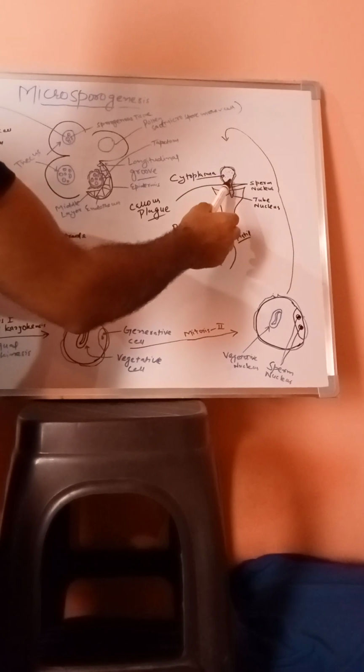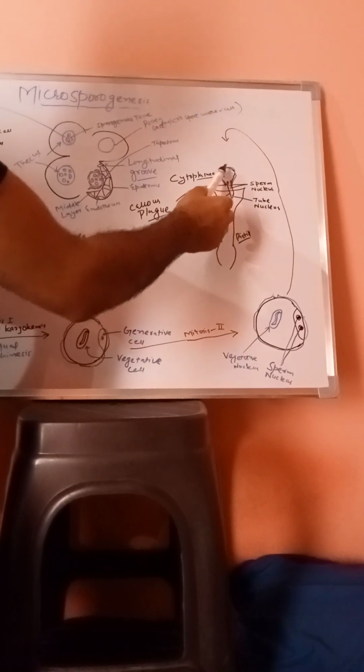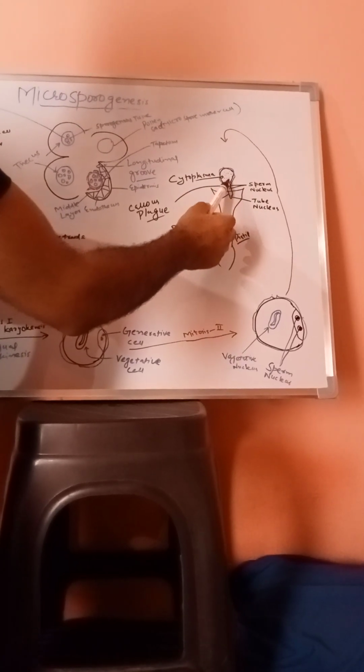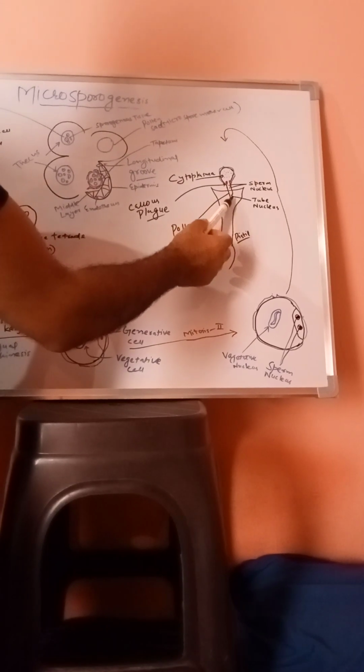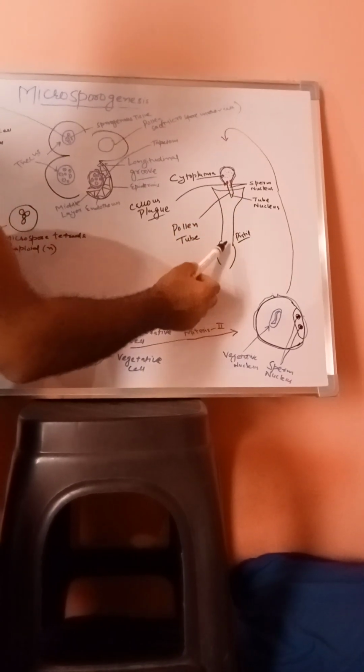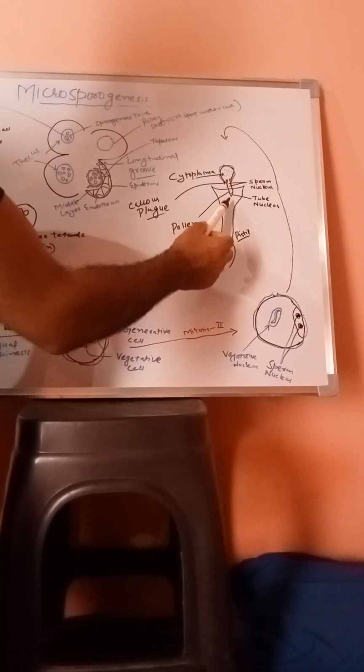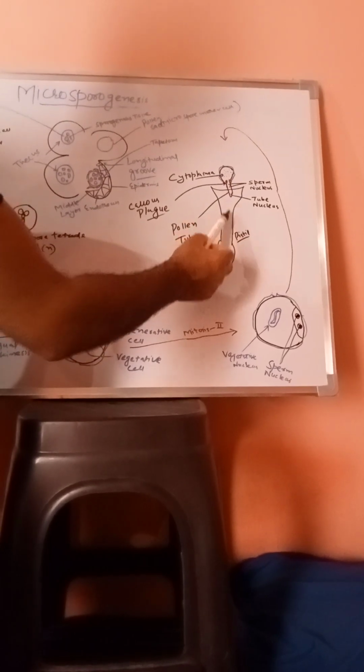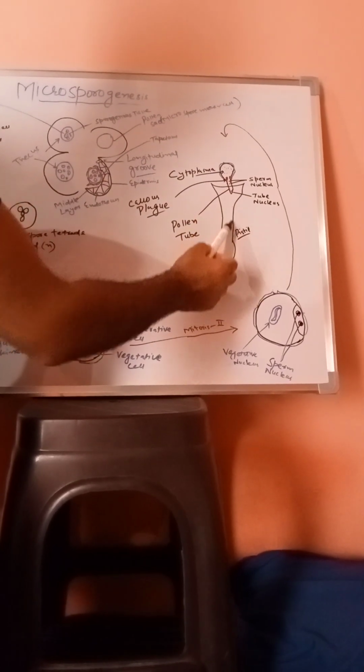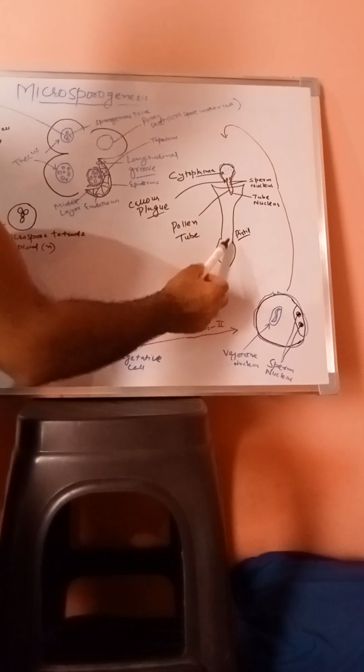The inner layer of the microspore, the intine, grows larger and goes down to the ovary, down the pistil. This one is the stigma, this one is the style, and this one is the ovule. This is the female part.